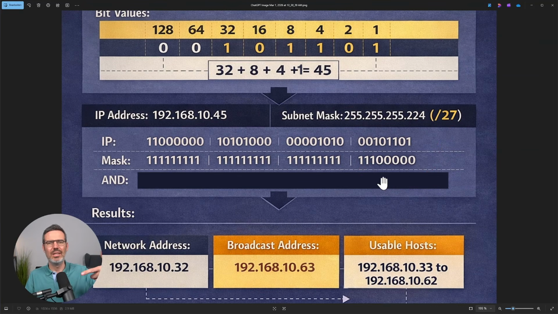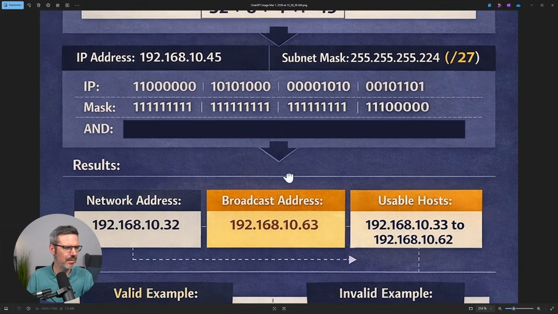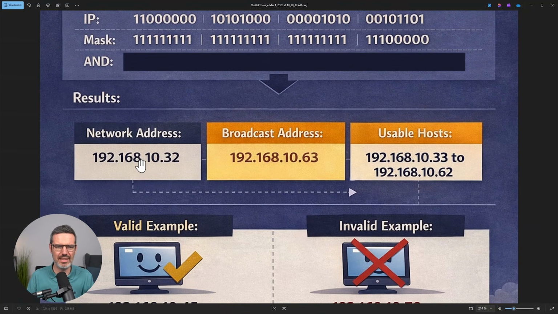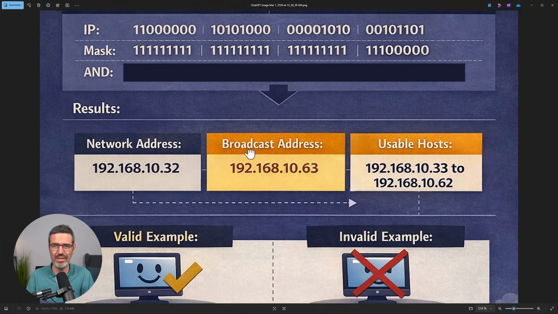Now, how does that then fit together with the IP address? We can count here 1, 2, 4, 8, 16, 32. So this has the value of 32. We know that our networks are in 32 steps. A network for us would start here, because 45 is our IP address.